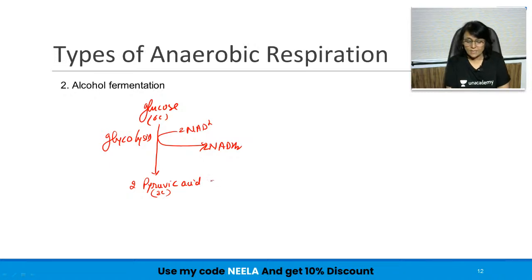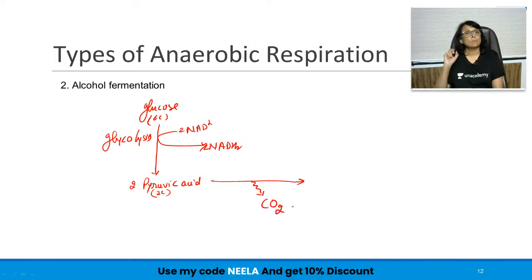Now in the next step, pyruvic acid, which is a 3-carbon compound, breaks into 1 2-carbon compound and 1 single carbon. So what is that single carbon? It is lost in the form of carbon dioxide. 2 molecules of carbon dioxide are released. 2 carbons are gone. Total left are 4.